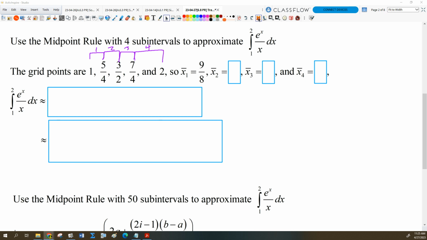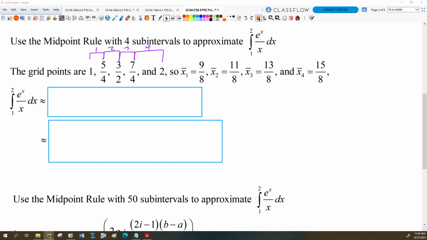What's the midpoint of the second one? Yeah, 11/8, right? Because we're going between 10/8 and 12/8. They're just going up by 2/8, so the midpoints are all 1/4 apart. So these would be the values of the midpoints, and those are the values I would just plug in.